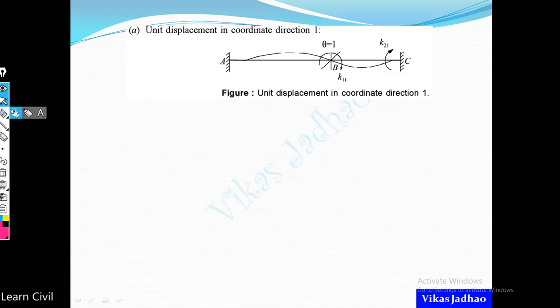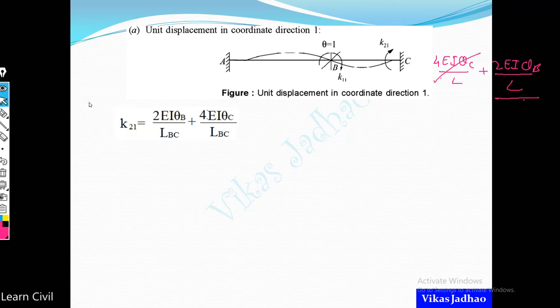Next we have to find out the value of K21. Now K21 will be equal to the sum of stiffness of all the members meeting at joint C, and it will be equal to 4 EI theta C divided by L plus twice EI theta B divided by L. This term will be 0 because support C is a fixed support, so we get this value only, twice EI theta B divided by L, like this.